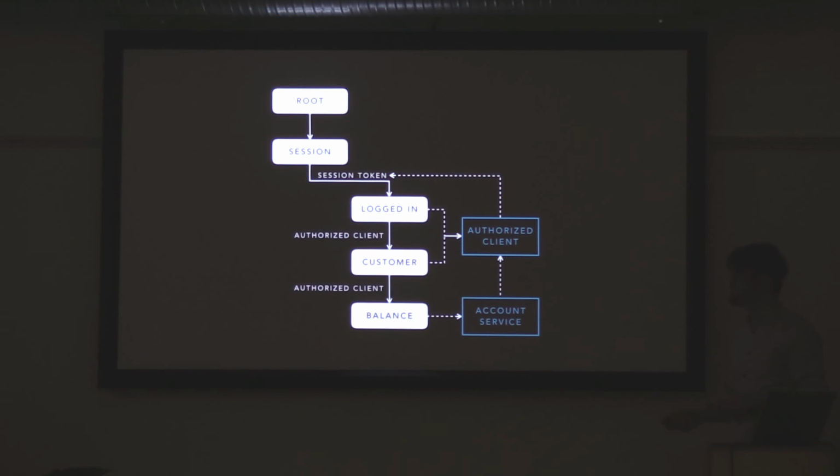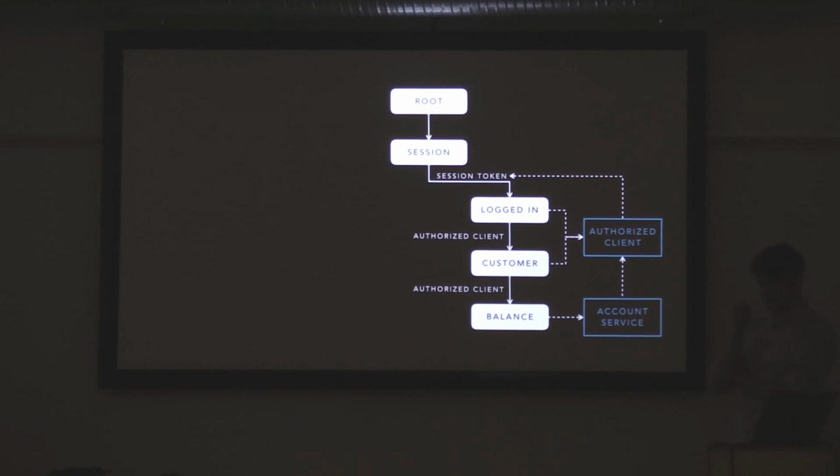Then the customer, of course, can pass the authorized client to the balance, and the balance can use authorized client to resolve the account service. This solution is quite problematic because now authorized client is a pass-through dependency. It might not seem a big problem here, but imagine you have a really tall tree, and somewhere at the bottom, you need to access something that's really at the top. Do you want to start passing dependencies down the tree? Probably not. There should be a better way.